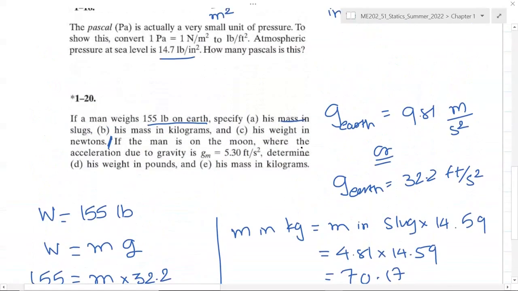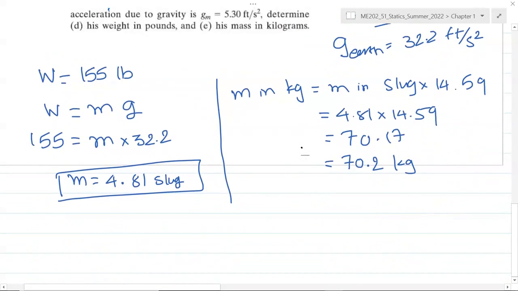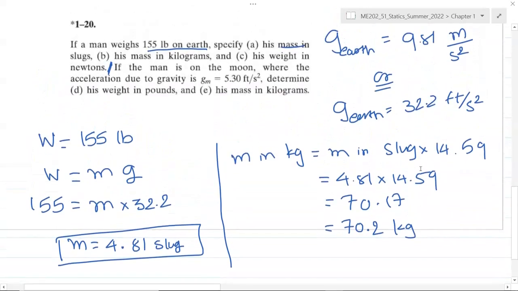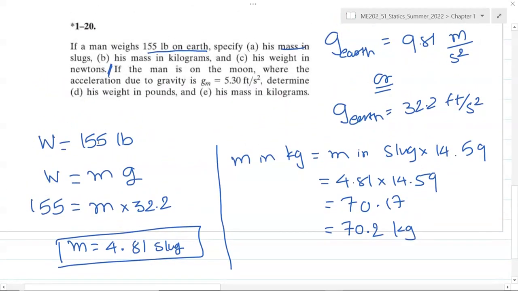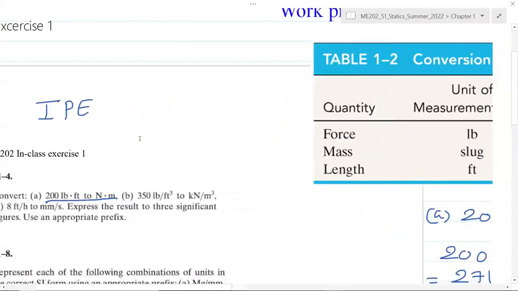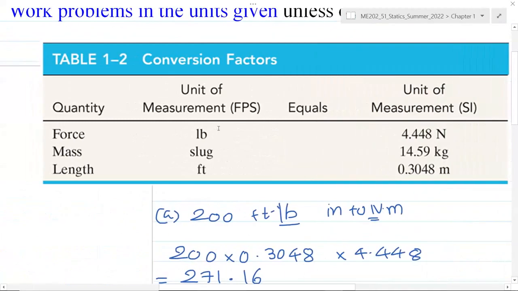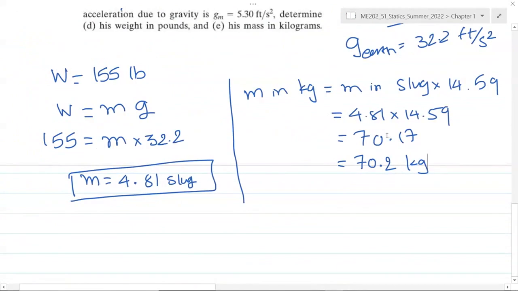Third question is, what is his weight in newtons? So there are 2 ways we can do that. Either we can multiply this mass with gravitational acceleration, with 9.81 instead of 32.2, because that is the value for the SI system, and get the answer in Newton. Or we can convert this pound directly into Newton using this conversion chart. So 1 pound is 4.448 Newton. So let's convert.